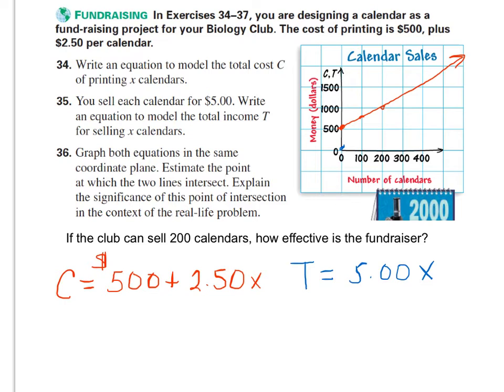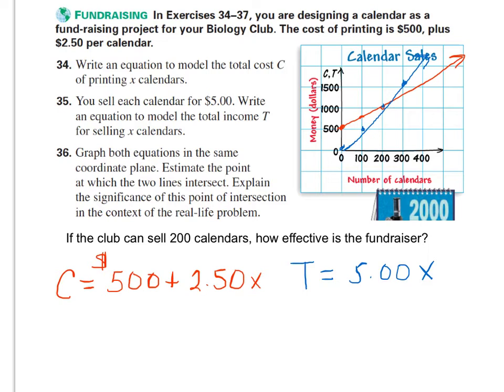But then if we plug in 100 for X, if we sell 100 calendars, we would get $500. So we could plot that. We sell 200, we get 1,000. Notice, same point. If we sell 300, we get 1,500. So what happens is this, there's our income in blue.